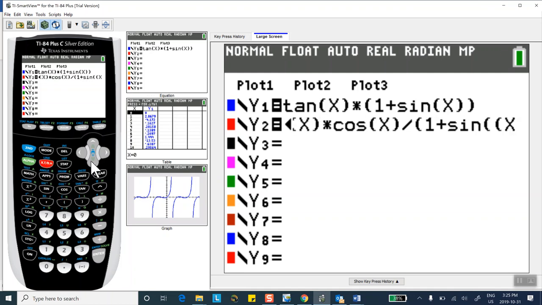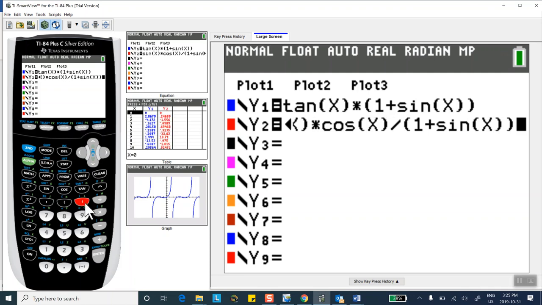Right there, too many parentheses here. So backspace, x, close the parentheses, and close the parentheses. Now if I graph, there's going to be two separate graphs. The only thing that bothers me, that denominator may be 0, so there will be asymptotes for sure. Right there, you can see that.